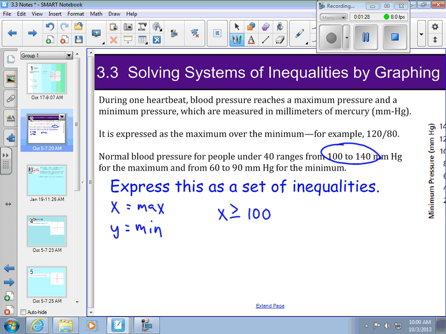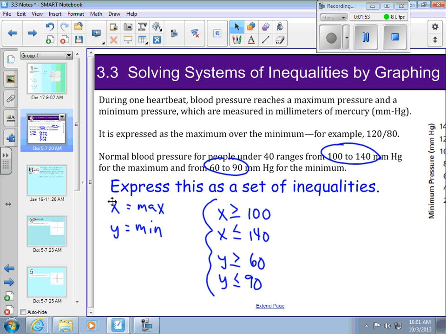Similarly, we want it to stay less than or equal to 140. With y's, our minimums, we also have an upper and lower range. So compared to 60, we want it to say greater than or equal to that and less than or equal to 90. So that would be our set of inequalities for this one.